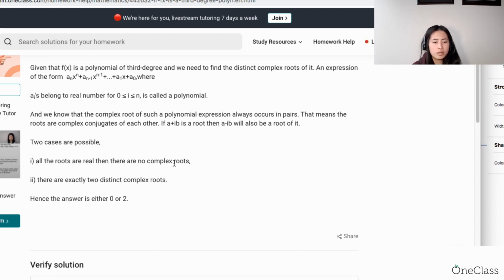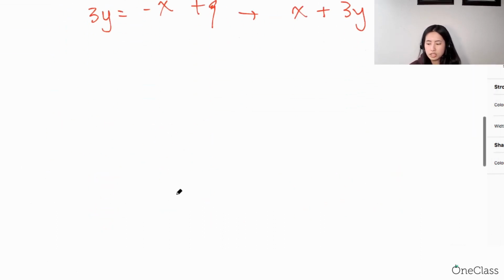The second point being there are exactly two distinct complex roots. So this is just me giving you an example to further illustrate that, because it's a very general question. When they're trying to allude to the second point, let's say you have x minus 5, right?